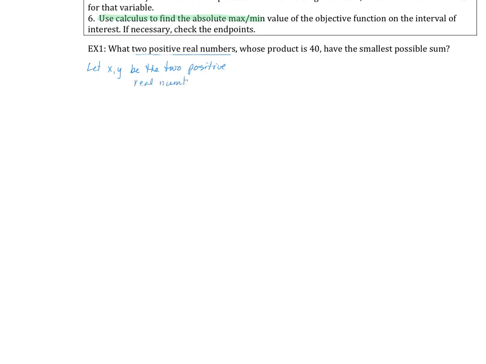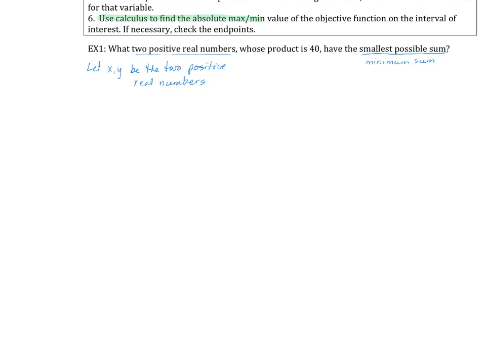Okay. So since x and y are my two positive real numbers, the next thing I want to do is identify my objective function. Since these two numbers are going to have the smallest possible sum, smallest means we're looking for a minimum sum. And that would be my objective function.